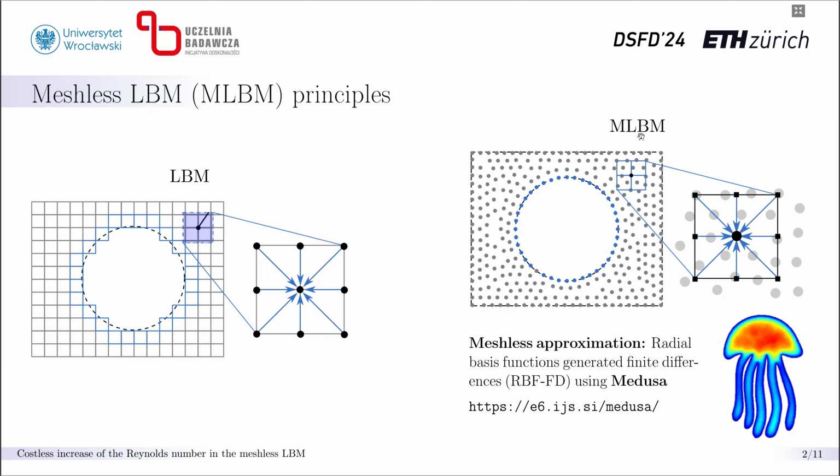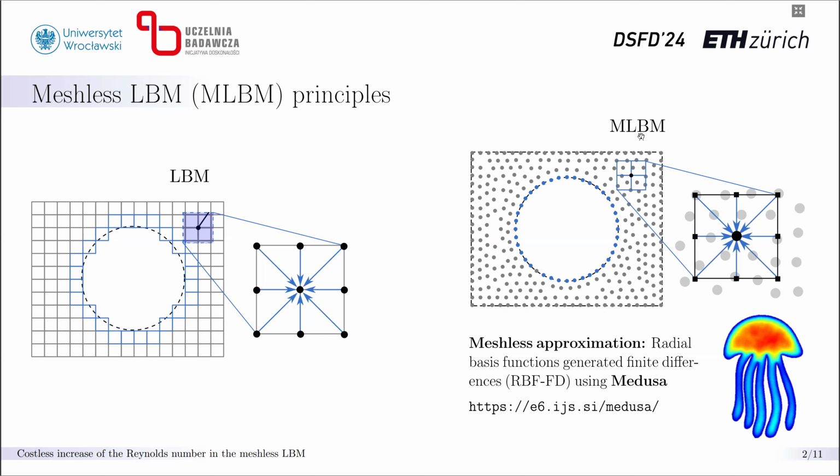However, during the streaming step, the departure nodes of the populations usually do not coincide with the discretization points. That's why prior to streaming, we need to interpolate the populations from the discretization nodes to the virtual departure nodes, and only then stream them to the target discretization nodes.